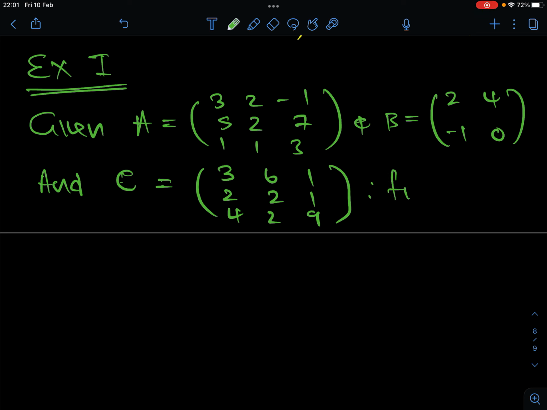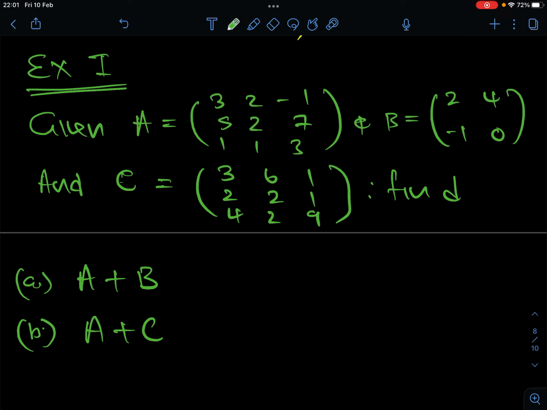Then the questions are: find A plus B, then find A plus C, and then find C minus A, like that.